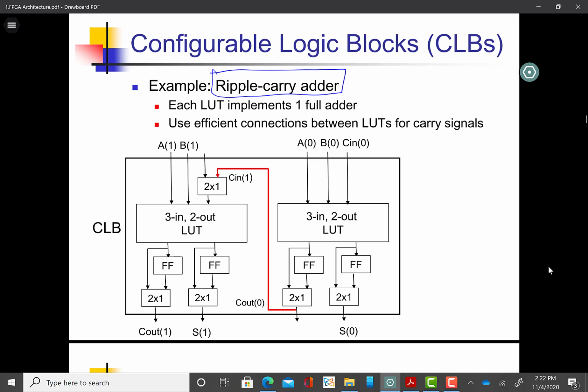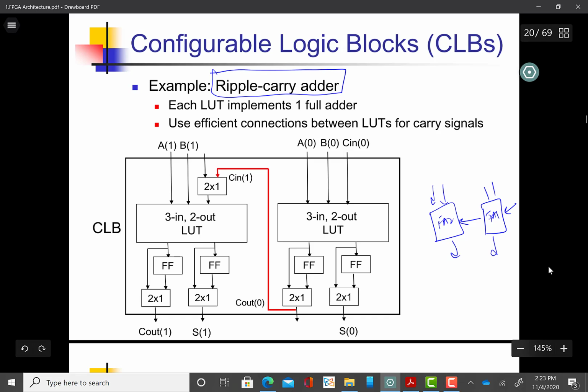So imagine you have a ripple carry adder like this, this is the first full adder and this is the second full adder, and this is our carry out from full adder 1, which is input to full adder 2.